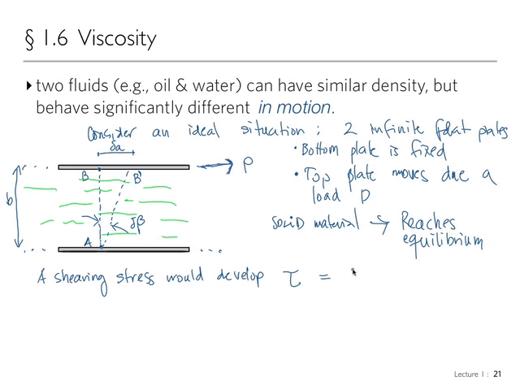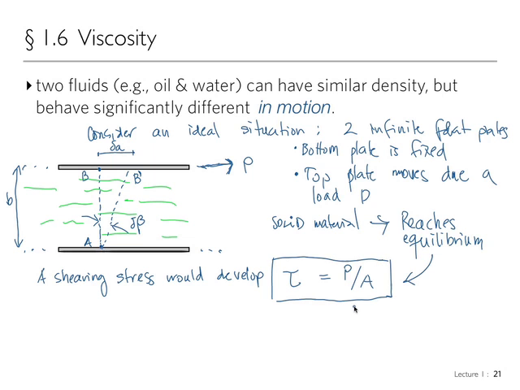And that's going to be equal to the load applied P divided by an area of the plate. Of course, these plates are infinite, but this is an idealized situation. And equilibrium dictates that these are going to be equal. This is the situation for a solid.